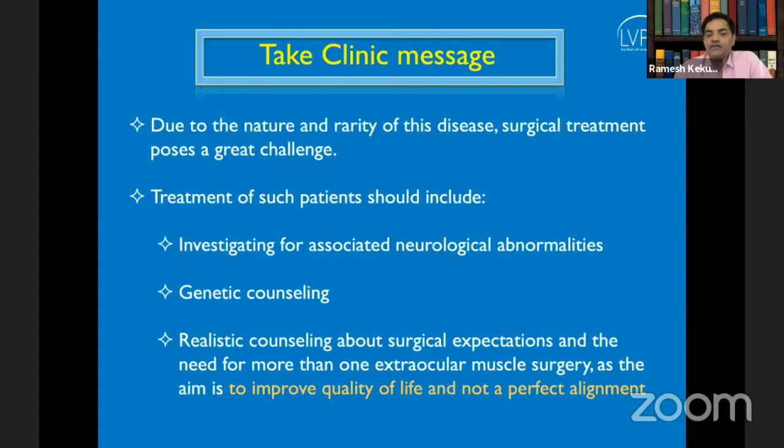We need to always go for realistic counseling because patients have a lot of expectations. But in spite of this, we might have to do more than one extraocular muscle surgery. This improves their quality of life, as you saw in the abnormal head posture correction in these 3 patients, not a perfect alignment.